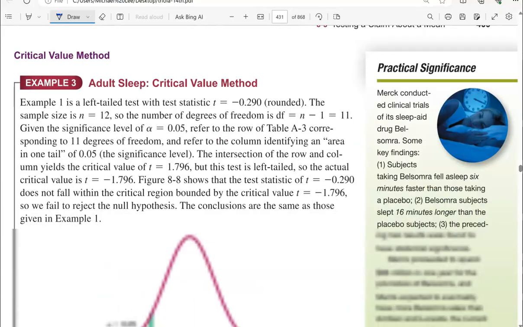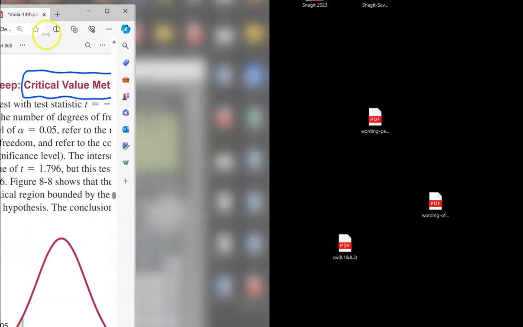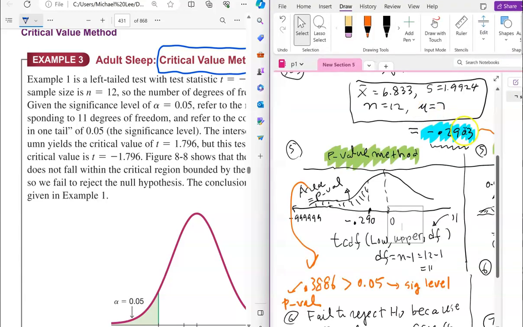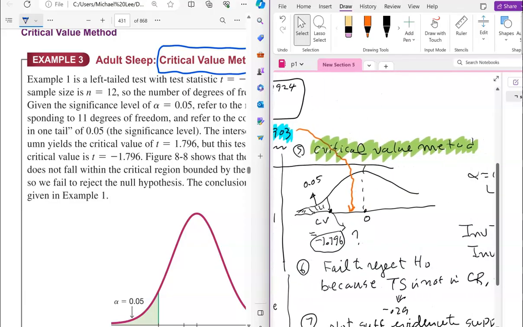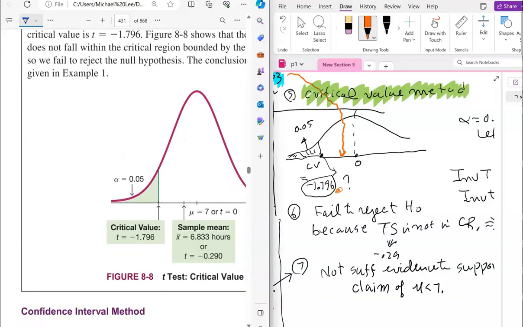They also did the critical value. We just did that, remember? Let me just move it over here. So we find the critical value. What was the critical value? The critical value was negative 1.796.